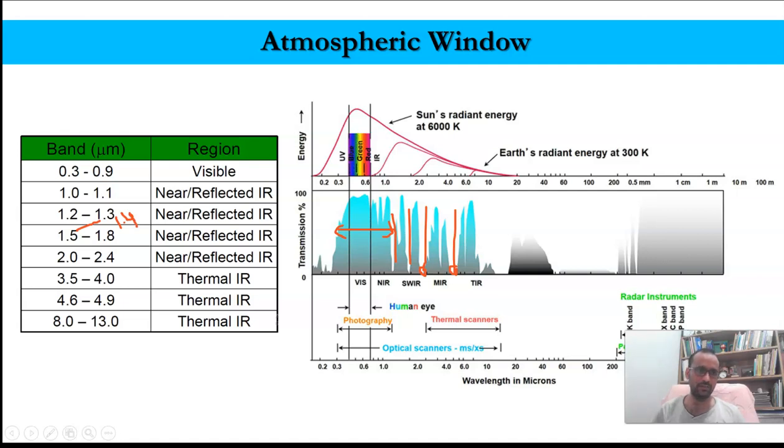Same here, 1.9 is not available, it means we don't need to use this wavelength in the sensor. Okay, so I want to make sure we only use the reflectance part which can go to the satellite. This whole scene is called the atmospheric window.